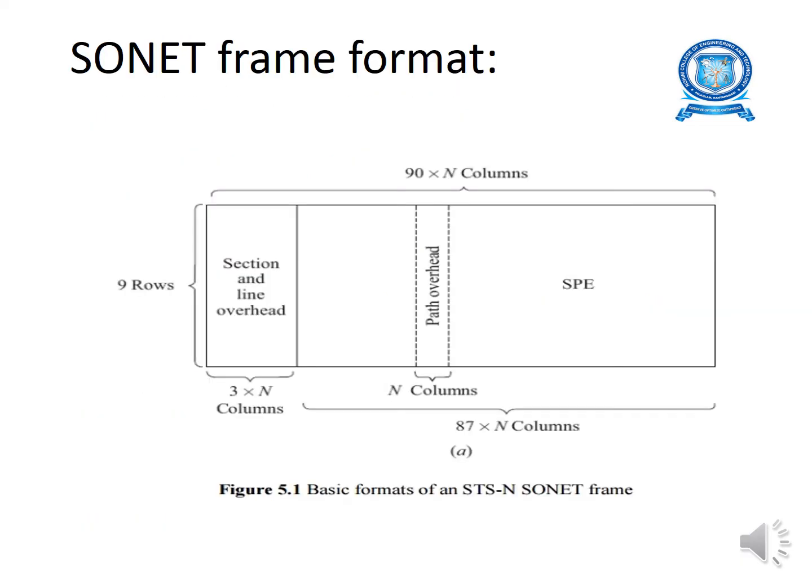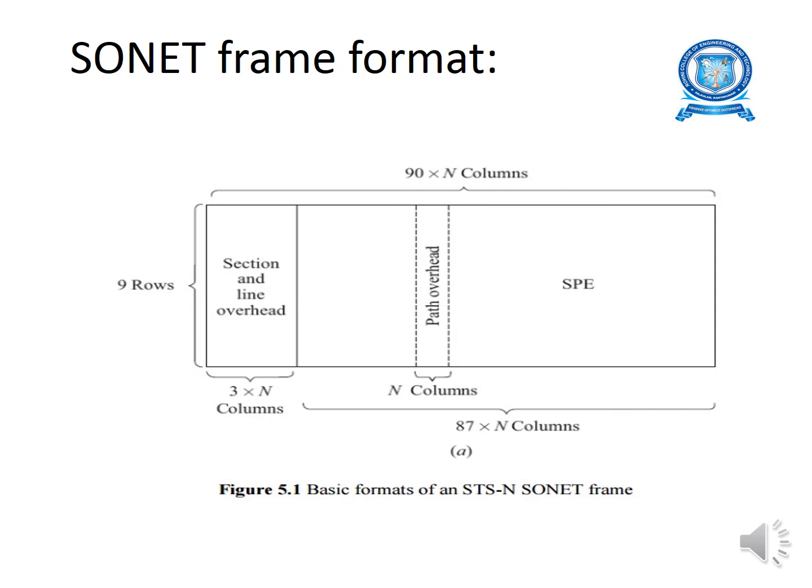Next, we are going to see the frame format of the SONET layer. Two different types of frame format are used: the STS frame format and the STM frame format. In the frame format, the transmission format and speed depend upon two signal modules, the synchronous transport signal STS and the synchronous transport module STM.